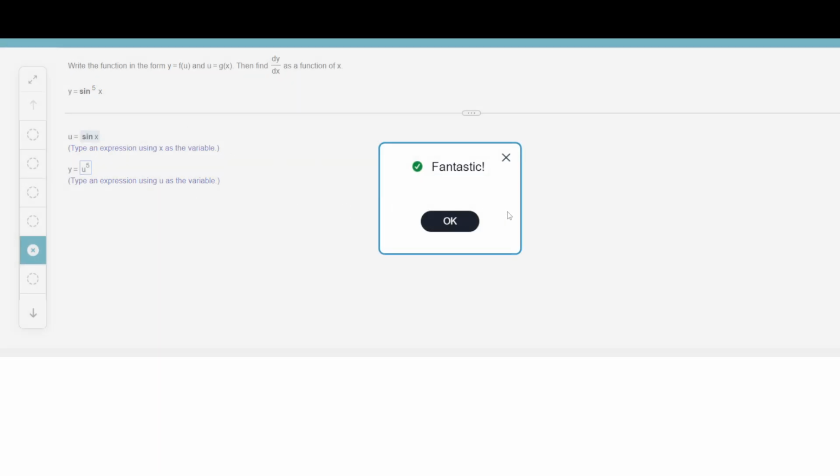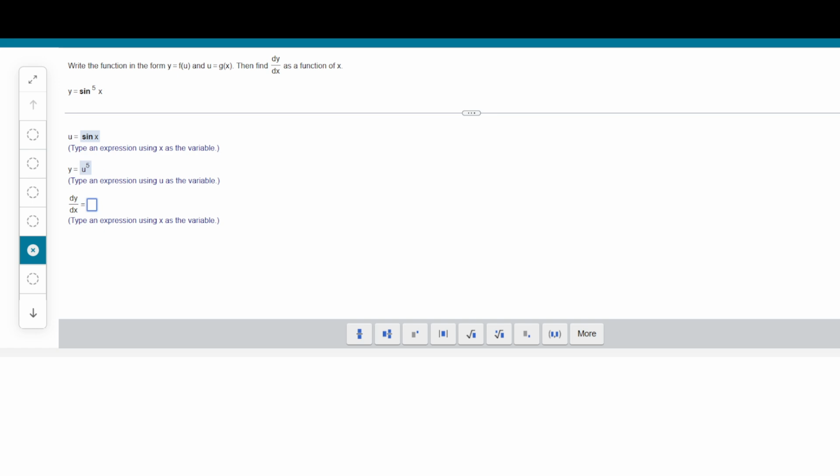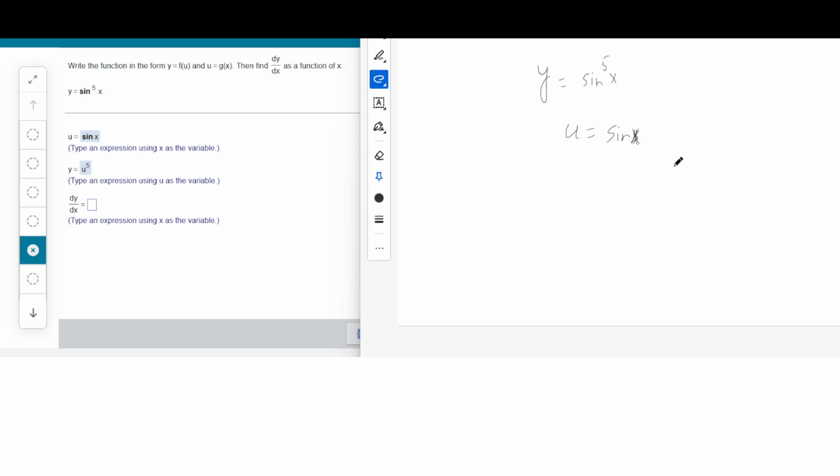Now to find the derivative of y using the chain rule, what is the chain rule? Chain rule says if y is a function of u and u is a function of x, then the derivative of y with respect to x is the derivative of y with respect to u times the derivative of u with respect to x.